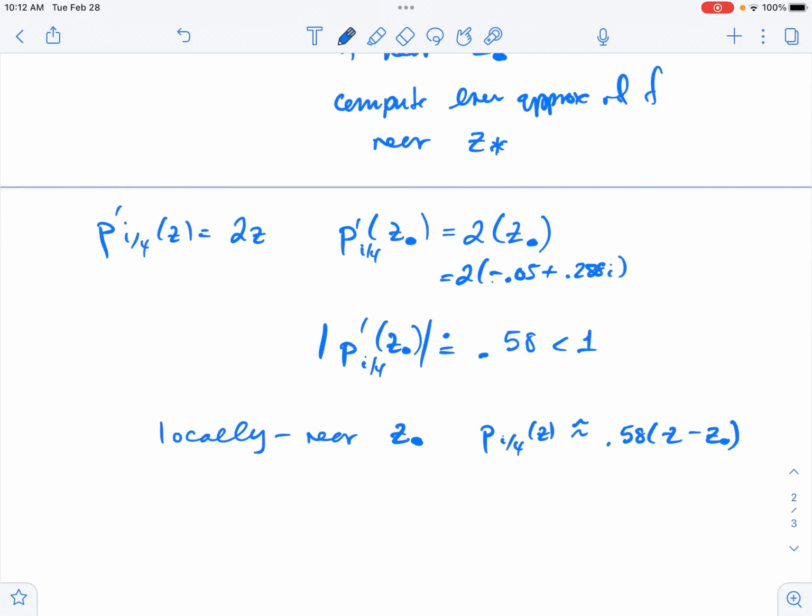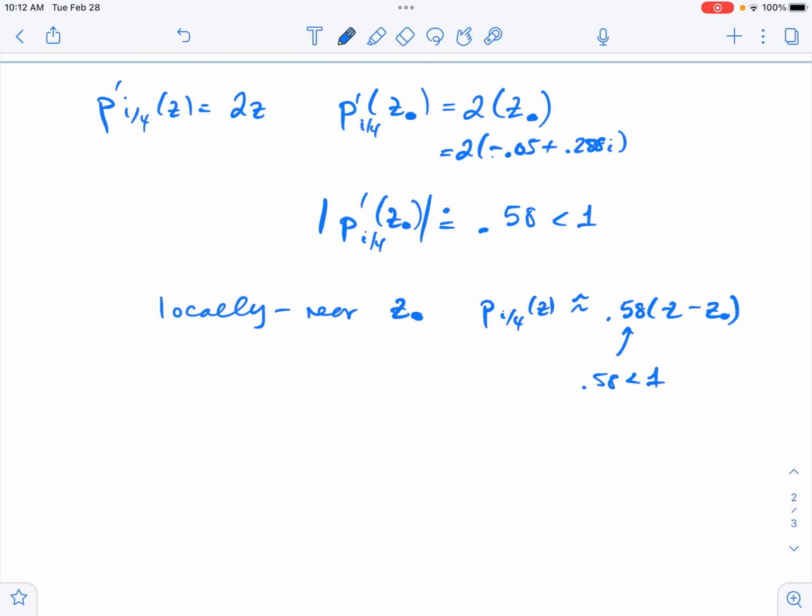This is the structure of the linear approximation here. And what this is telling you is that this number is less than 1. 0.58 is smaller than 1, which means near z dot, this thing is going to have the behavior of pulling points in.